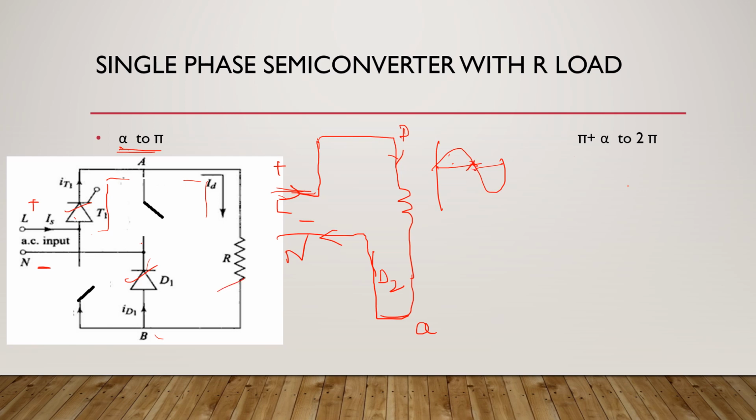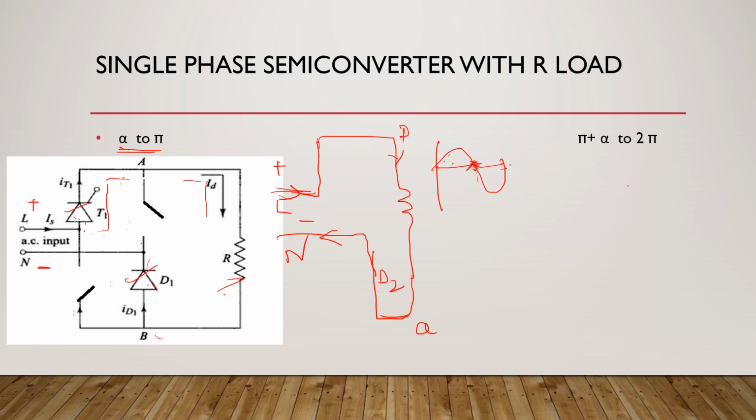Since it's a resistive load, the current also becomes zero, and the devices T1 and D1 become reverse biased and turn off at this instant. Since it's a resistive load, voltage and current are in phase. When the voltage becomes zero, the current also becomes zero through the thyristor, and the thyristor will turn off.